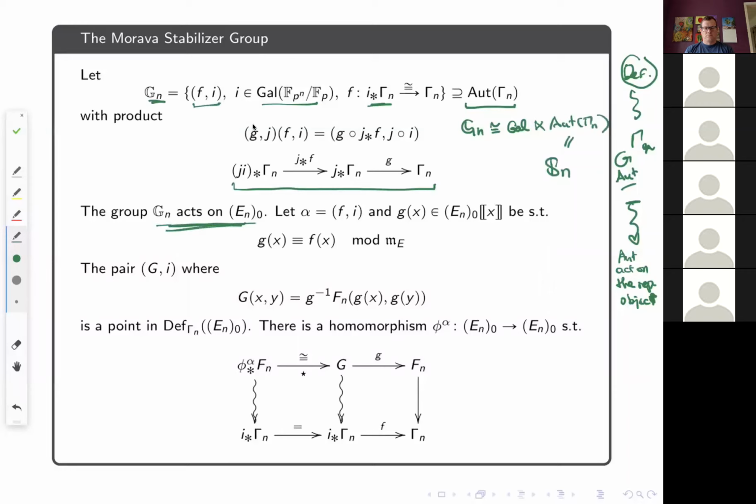If you have one of these pairs, then you can pick any g of x in the power series ring over E0 which reduces to f of x mod m. Remember, f of x is in F_{p^n}[[x]].